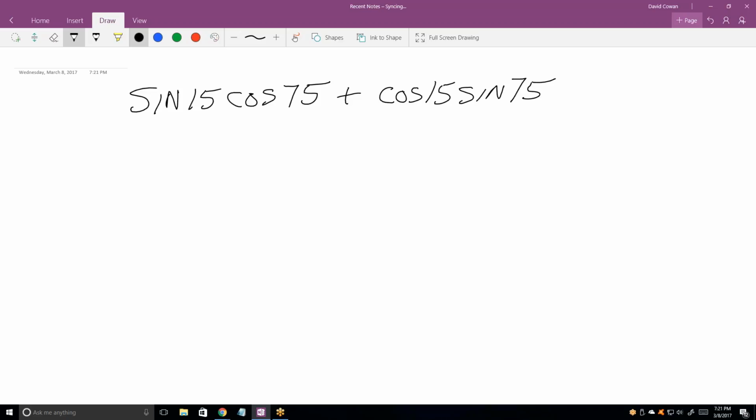So what identity is this going to equal to? Sine of A plus B. And that becomes 15 plus 75 equals sine 90. And that becomes 1. Just 1.